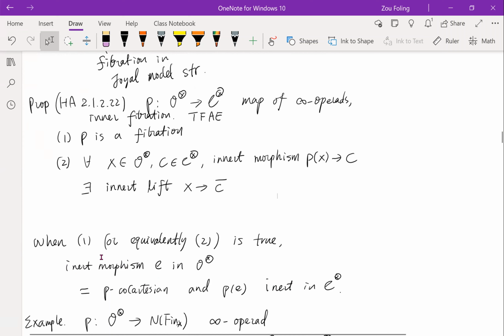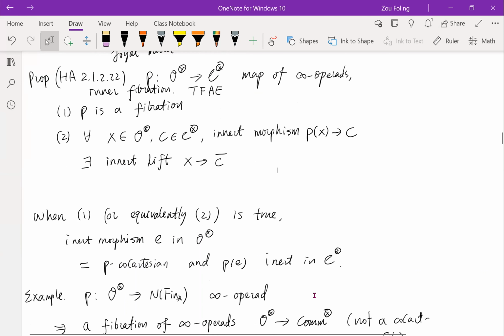So on the left, inert is defined over the nerve of thin star, and it's saying it's O tensor over thin star co-Cartesian and PE being inert. But on the right, it's P co-Cartesian. And these two things are in general different. But here I'm saying if it's a fibration, then these inert morphisms are exactly those that are just P co-Cartesian and PE being inert.